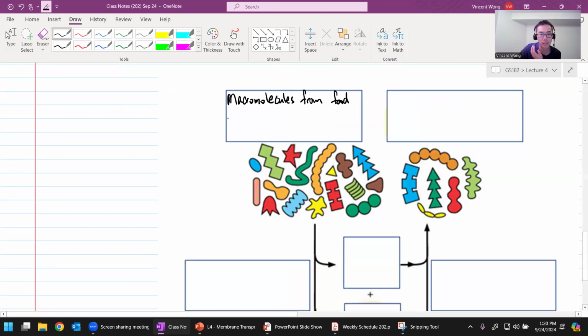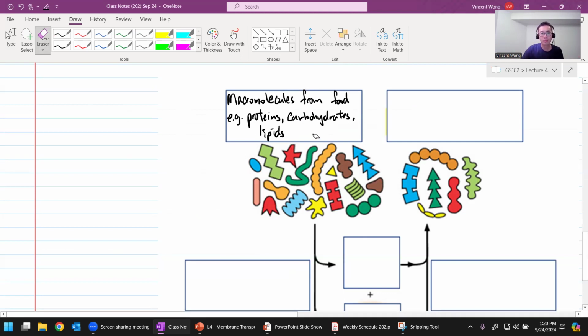Yep, proteins. What else? Maybe two more. Carbohydrate, very good, carbohydrates or carbs. Lipid, and lipids, right? That's good. We don't deliberately eat nucleic acids. They're just part of the living things that we eat.